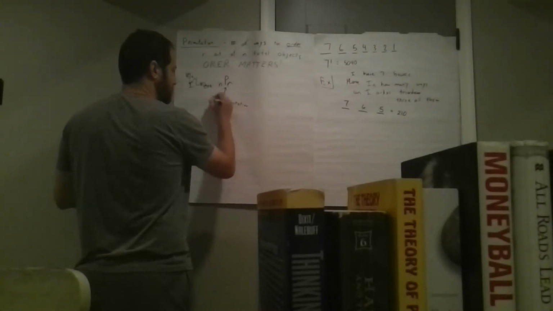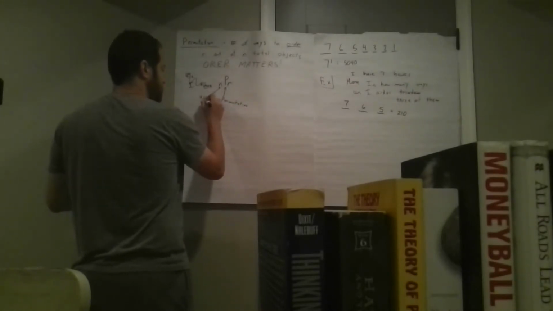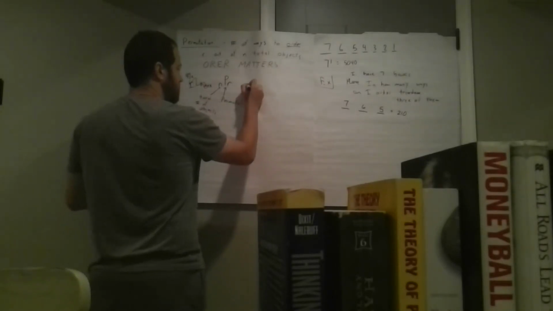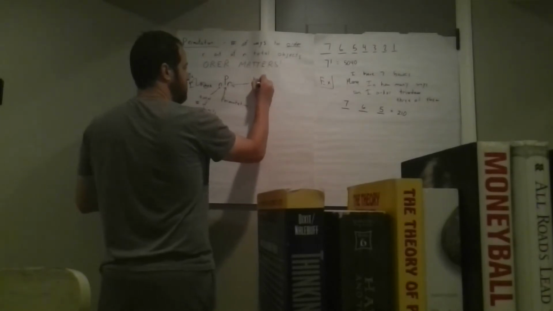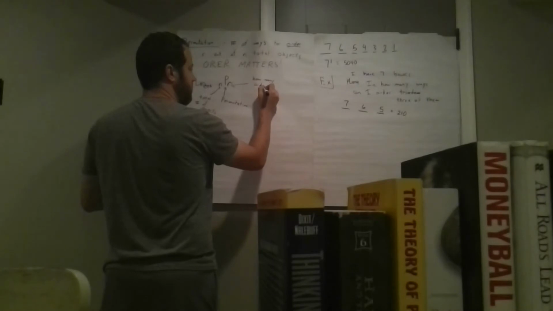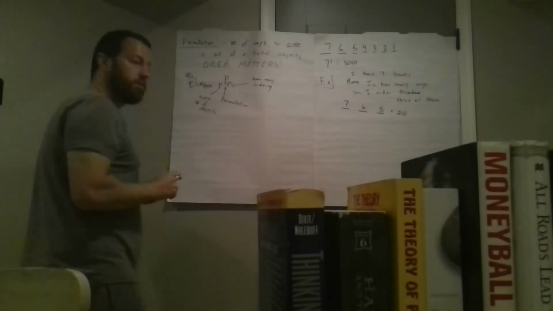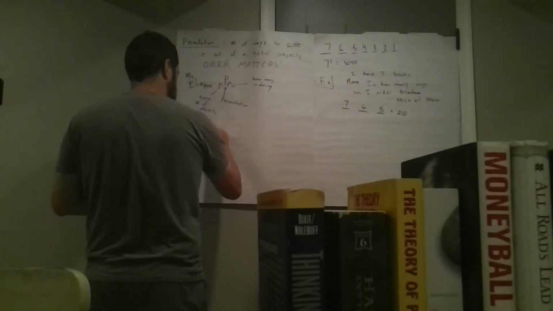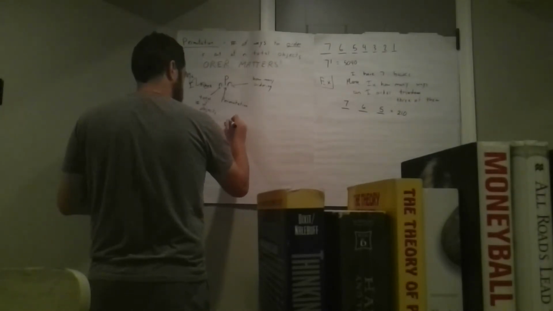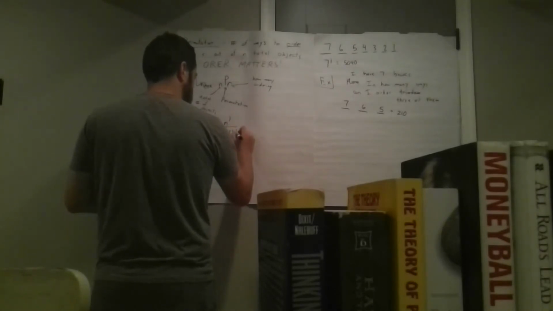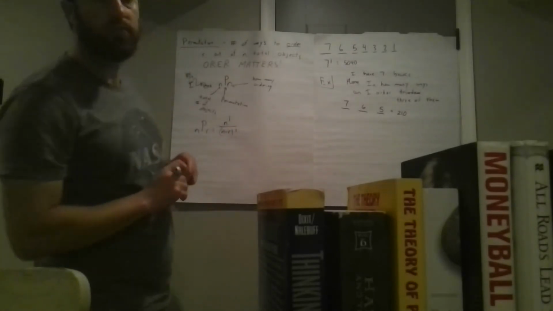N is total objects, and the r is how many we are ordering. There's actually a formula for this. nPr equals n factorial over n minus r factorial.